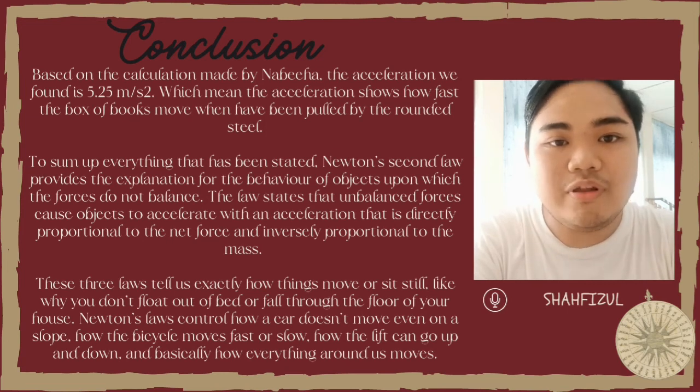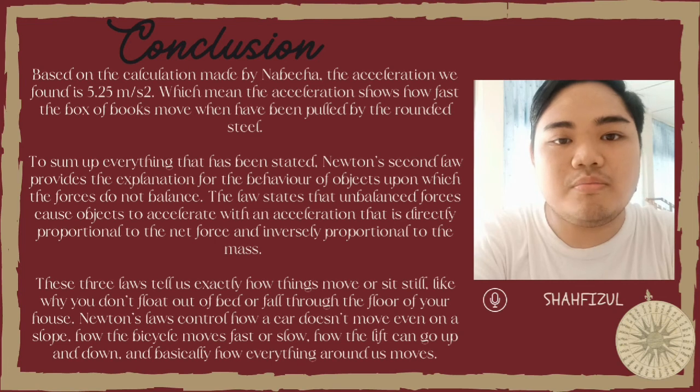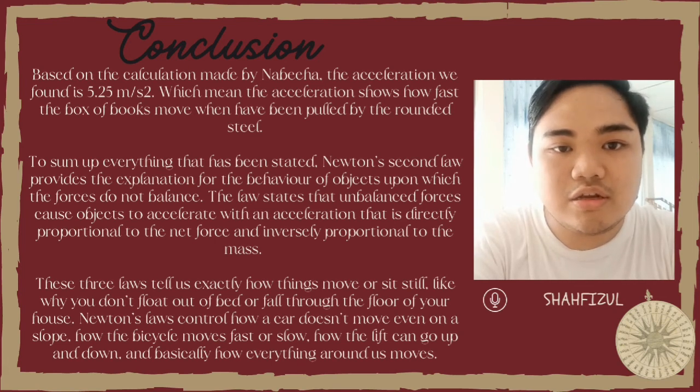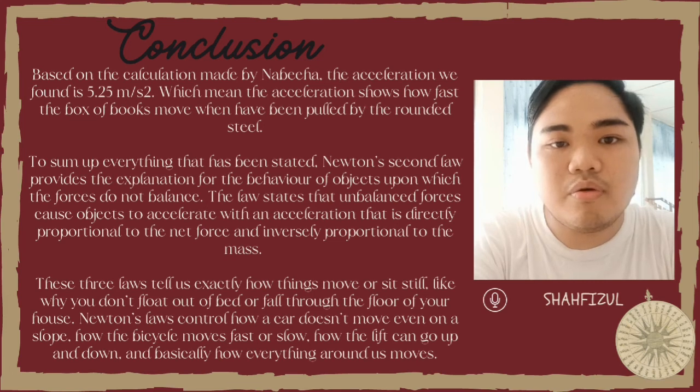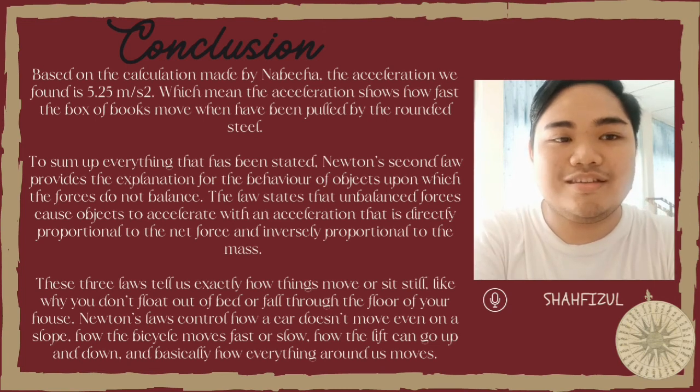To sum up, Newton's second law provides the explanation for the behavior of objects upon which the forces do not balance. The law states that unbalanced force causes objects to accelerate with an acceleration that is directly proportional to the net force and inversely proportional to the mass.